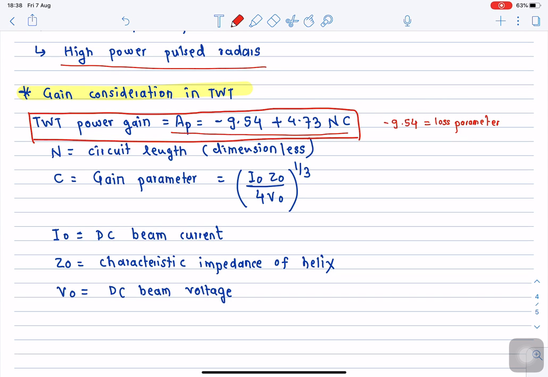The losses take place because the input signal that we provide for amplification, the input wave, gets divided into three different waves during the operation, and only one of the three waves is actually amplified.